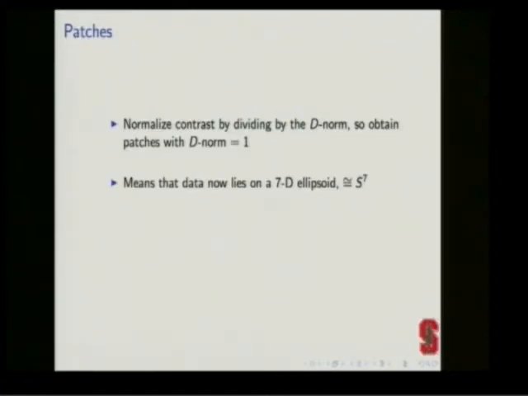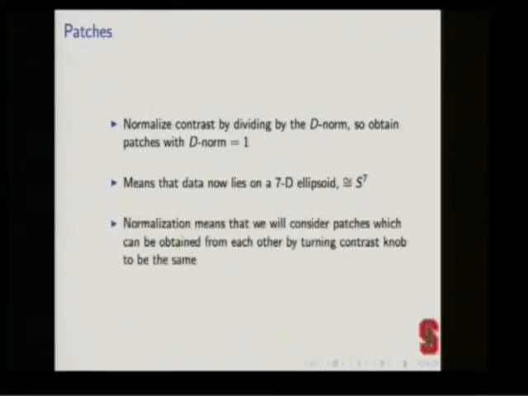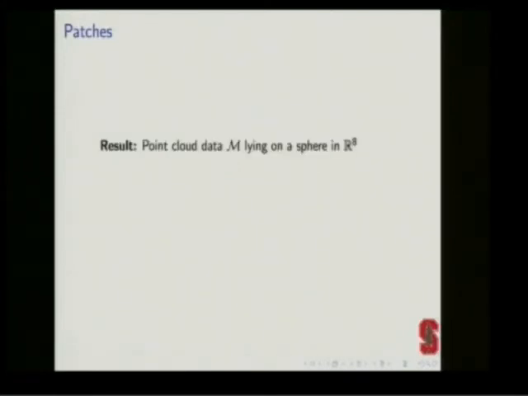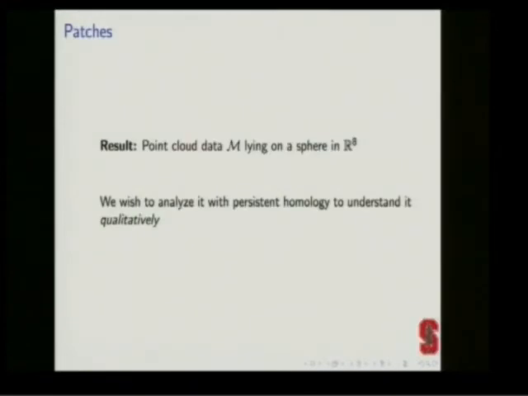So I have a data set sitting on S7. And again, this says we also are not interested in absolute values of contrast. In other words, if I turn a contrast knob on a patch, I want to consider those two as the same. Okay? So now we have a set of point cloud data lying on this sphere, or ellipsoid, in R8.